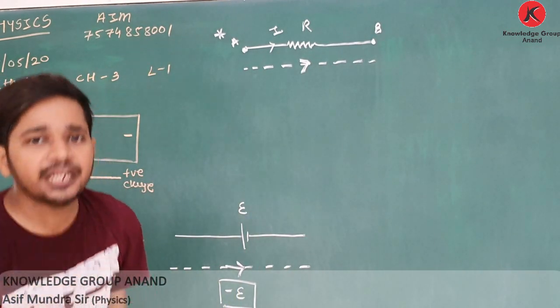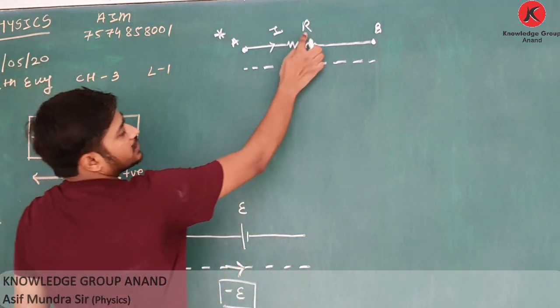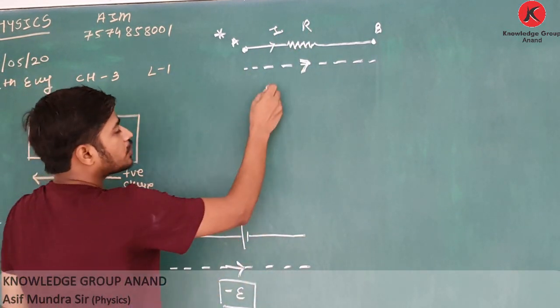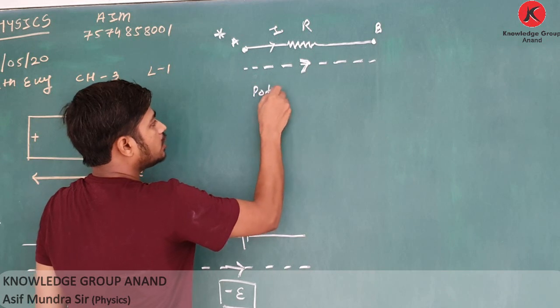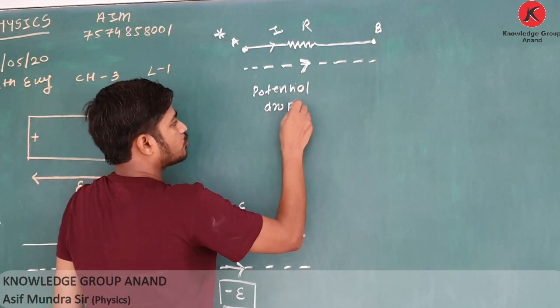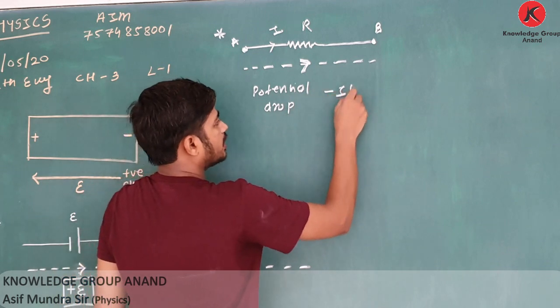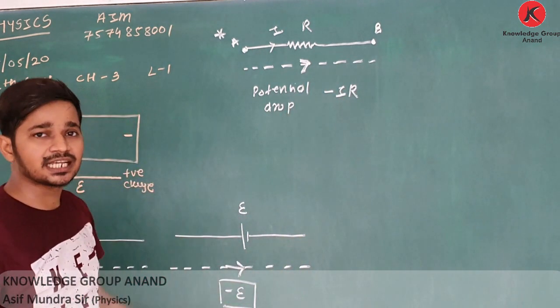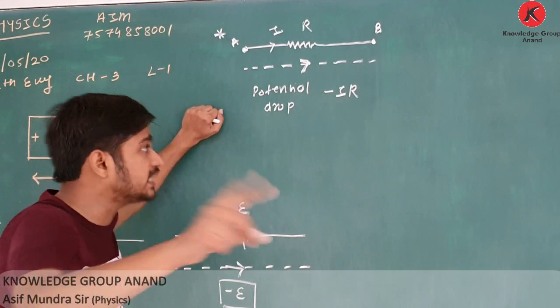With resistance R and current I, the potential drop is minus IR. Why minus? Because the potential decreases.